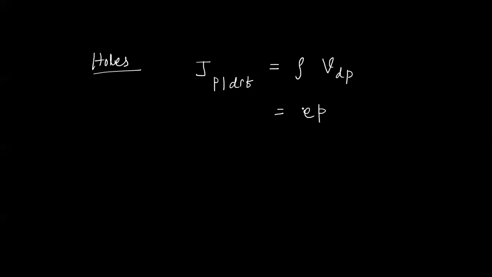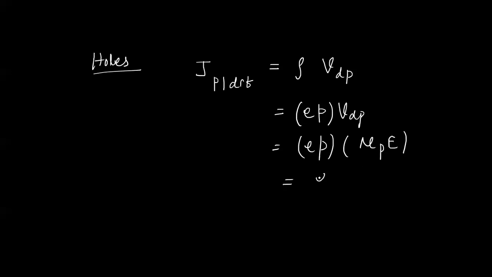So that gives you P E, and then we have V_DP as it is. For V_DP directly I could have put mu_P times E. So this gives us E times mu_P, which is mobility of holes, times P, concentration of holes, and then the applied electric field.